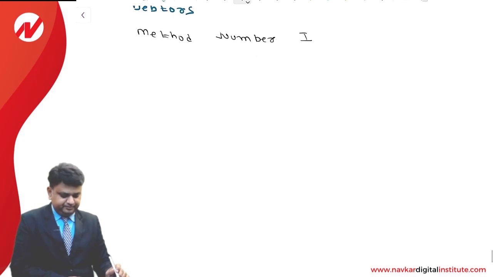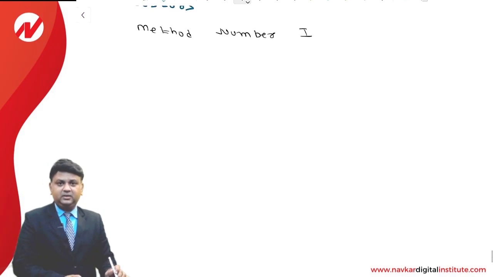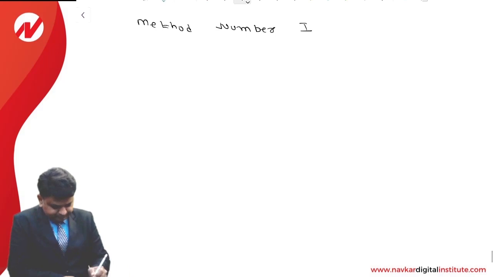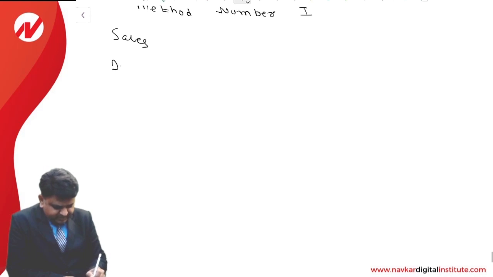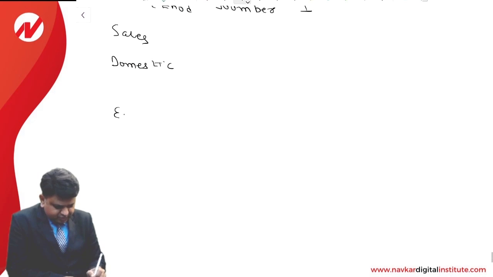Method number 1. Now method number 1 works out in this way. We understand that the sales, domestic and export amount.